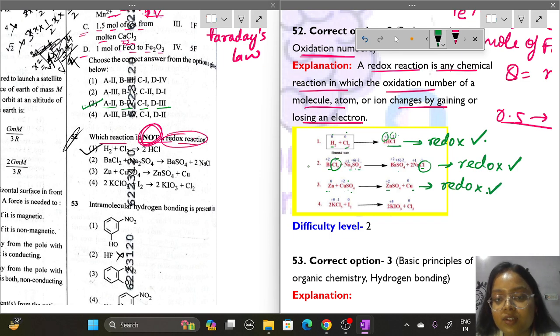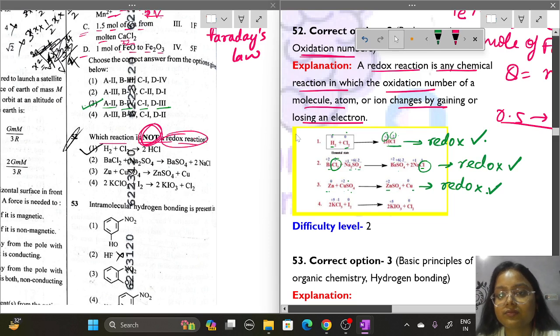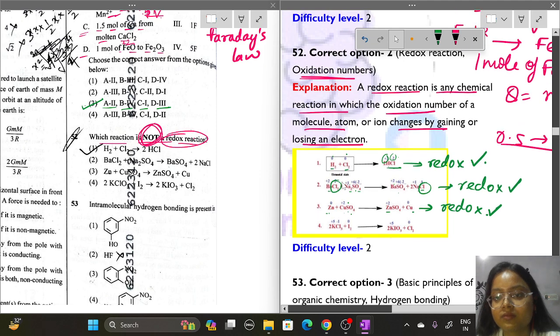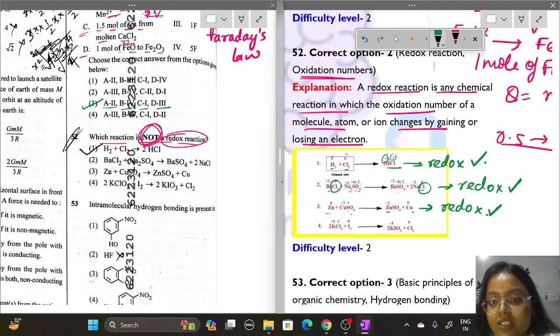Option number 4, 2KClO3 plus I2 will give 2KIO3 plus Cl2. The oxidation state of K will be plus 1, Cl will be plus 5 and here it is also plus 5, and Cl will be 0 at the end. It is also a redox reaction.